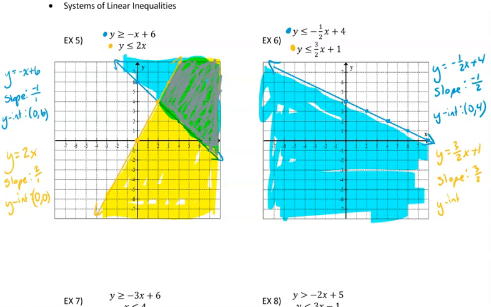Our y-intercept is 0, 1. So we're going to start up 1 and then go up 3 over 2. Then we're going to go ahead and draw the line through that as well. Then let's go ahead and shade below. So below is going to be down here.